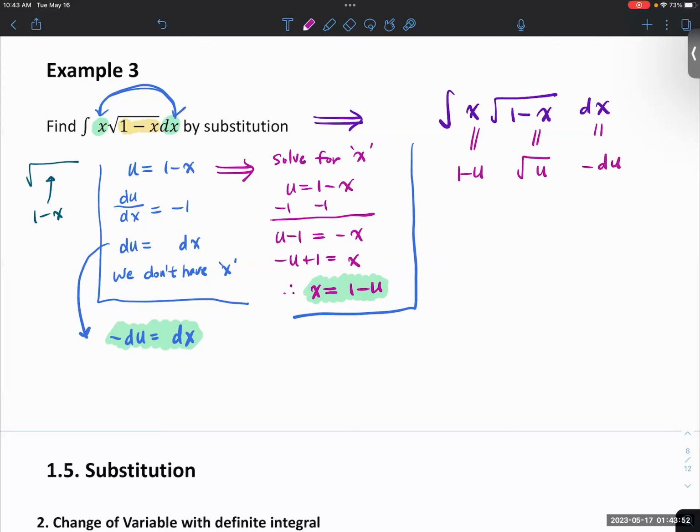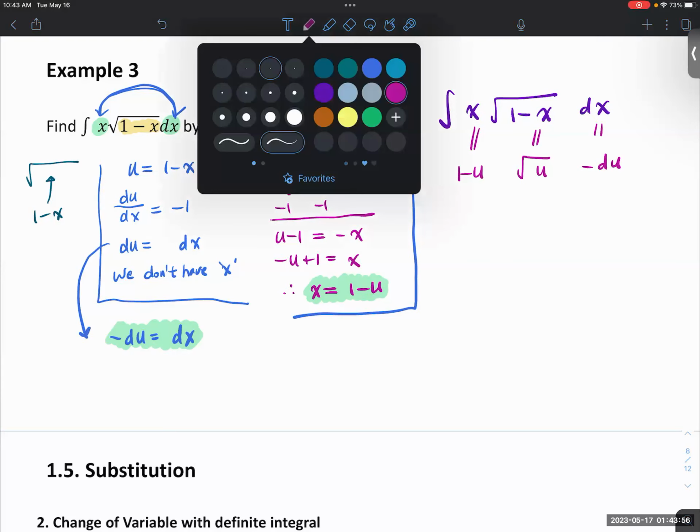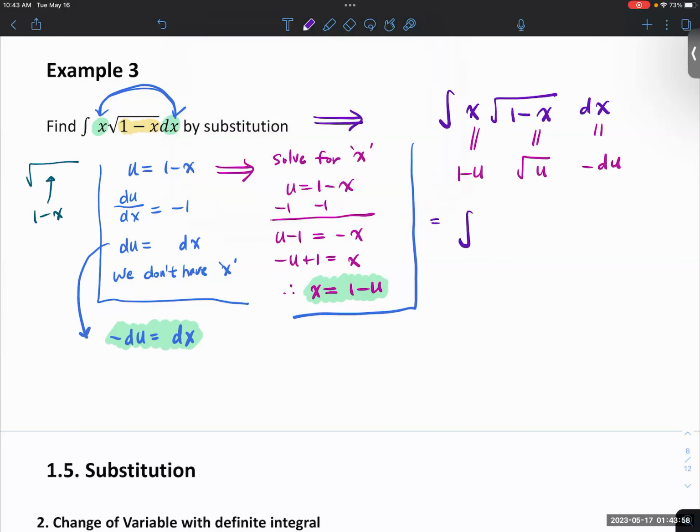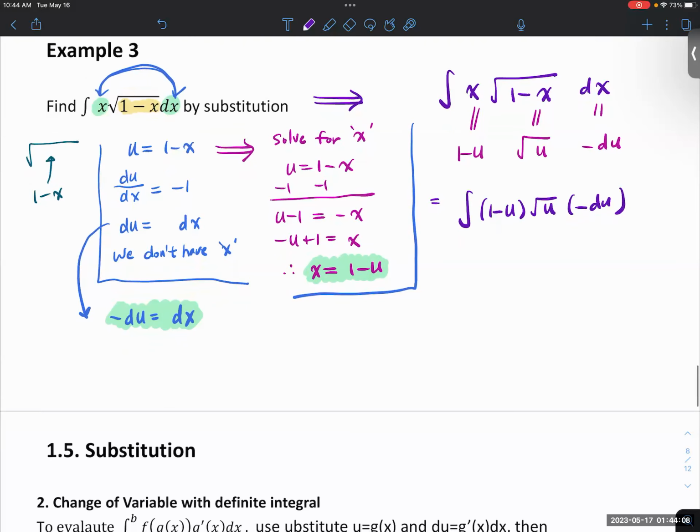So I can convert whatever x variable in terms of u. So the integral becomes 1 minus u, radical u, negative du. We are taking the integral of this. So therefore, I'm going to bring the negative to the front. Negative integral of 1 minus u, radical u, du. Got you. So we are working on this.